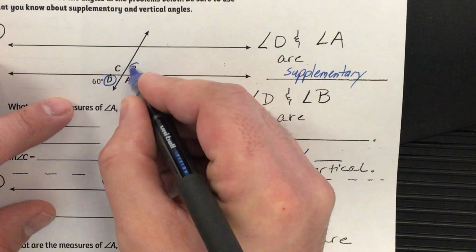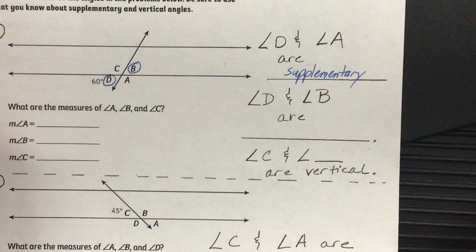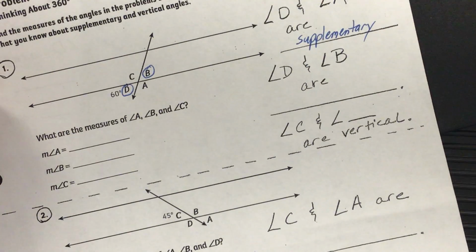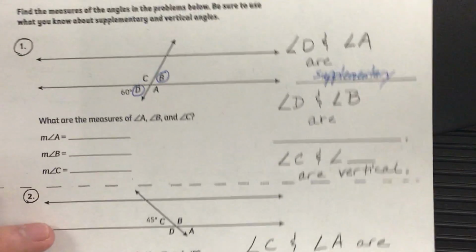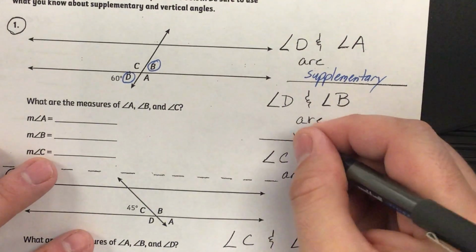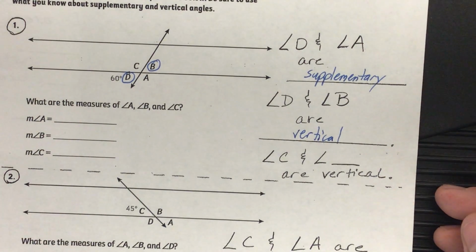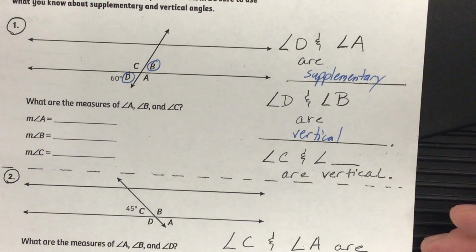Yes, they are equal, but there's a name for where they are. We just wrote it down. They are across from each other. Vertical. When they are across from each other, it is called vertical. Angles C and blank are vertical.